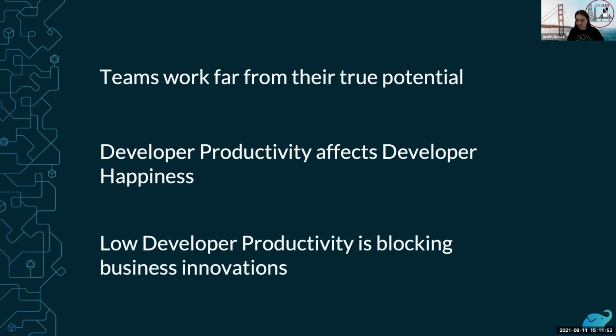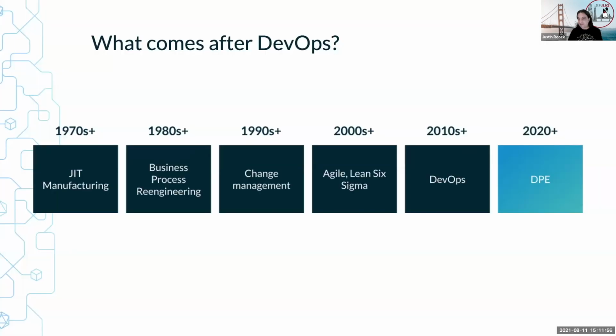And right now, low developer productivity is just blocking business innovation. There's more that businesses could be doing. And this is not a new call to action or a new story even. I think that if you look at disciplines across engineering and across creative disciplines, we have been thinking about ways since the 70s, really, to eliminate friction, bottlenecks, and constraints from the systems that we work with and rely on, right?